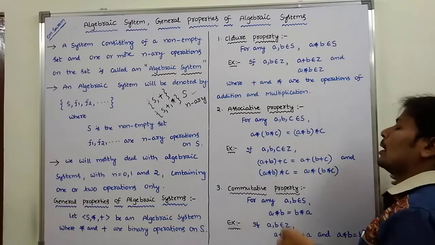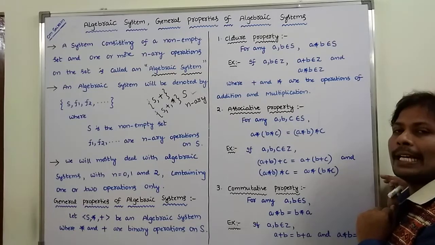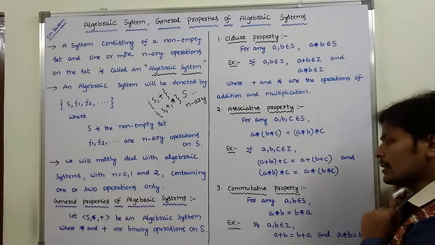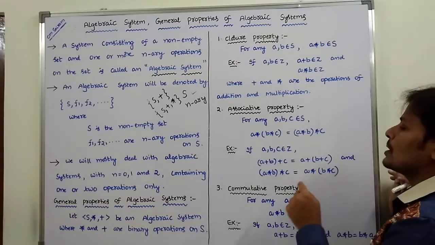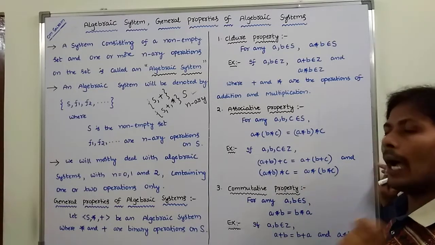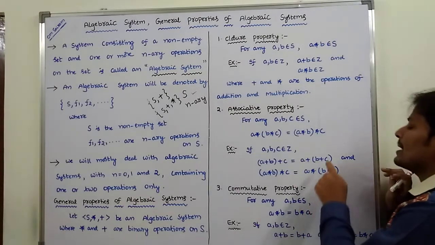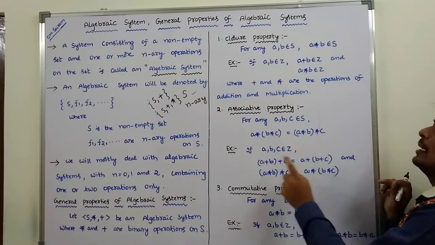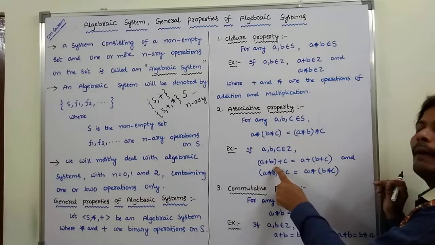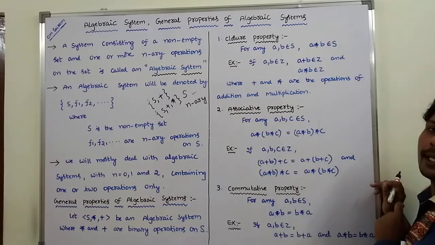For example, we take three elements from the set of integers Z. Then we check whether the addition operation and the multiplication operation are associative by satisfying this condition. (A plus B) plus C is equal to A plus (B plus C).